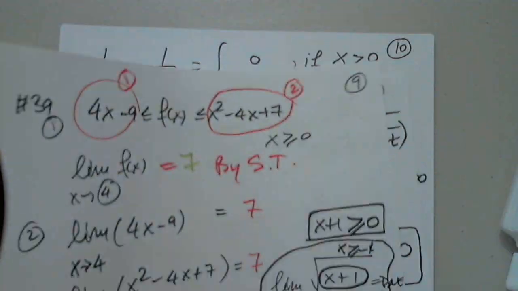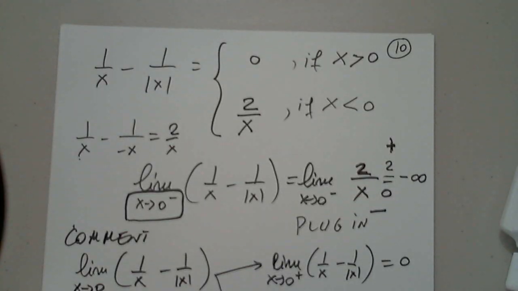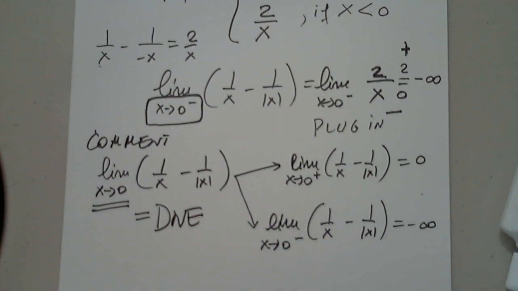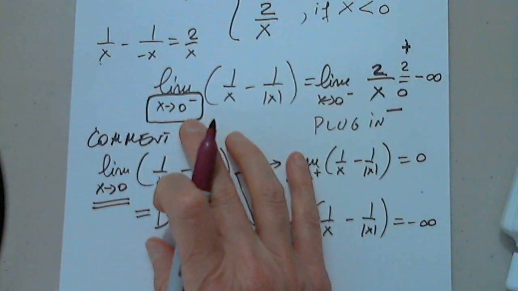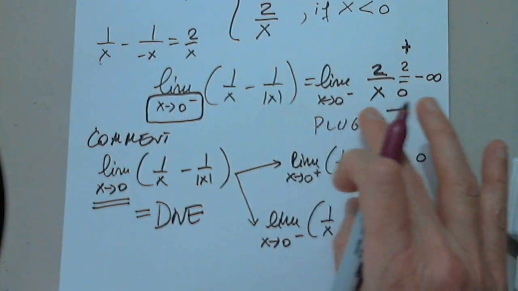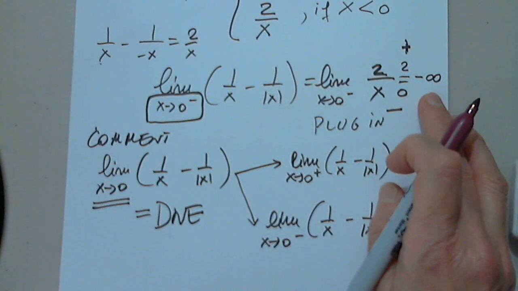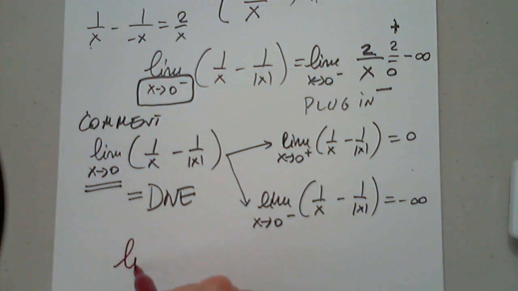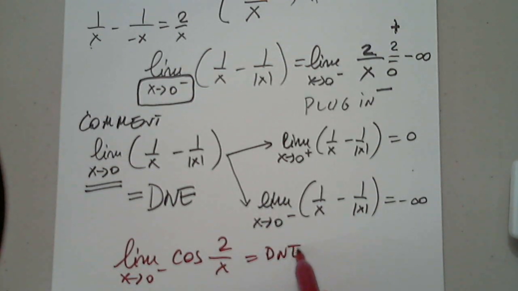So this alone will be DNE, even if it's one-sided. In general, for one-sided limits you should think of negative infinity or positive infinity. But in this situation, as x approaches 0 from the left of cosine 2 over x, this is DNE because it's an oscillating limit. And for x approaches 0 from the right, it doesn't matter. It will still be DNE.